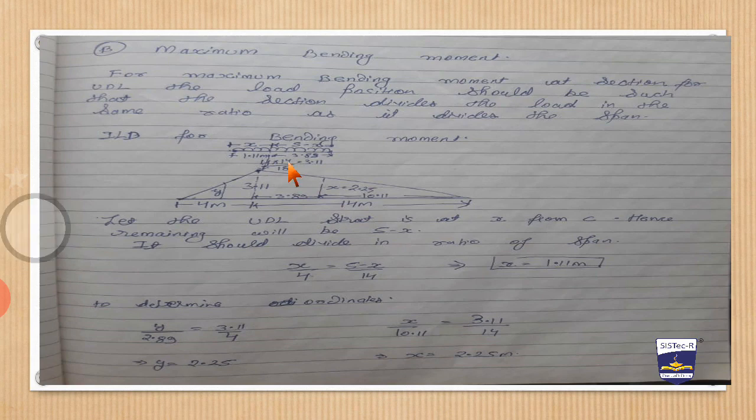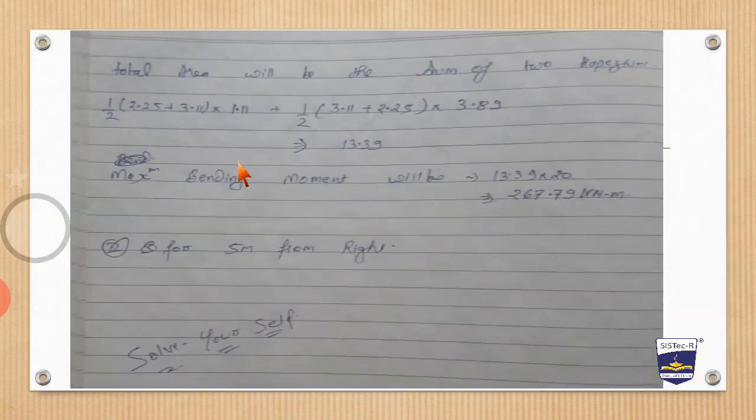So we will add the areas of both trapeziums, that will be half into 2.25 plus 3.11 into 1.11 plus half into 3.11 plus 2.25 into 3.89. This will come as 13.39, and the maximum bending moment will be given by 13.39 into 20, that is the intensity of load. 20 is the intensity of load, so we will get 267.79 kilonewton meter.